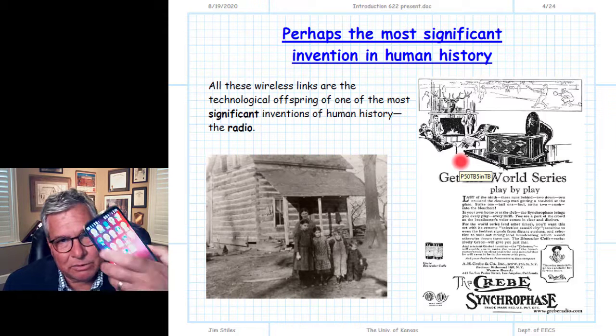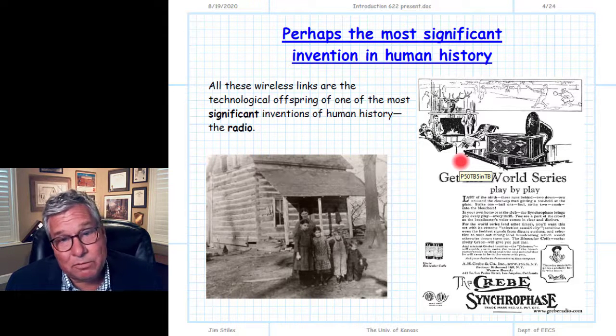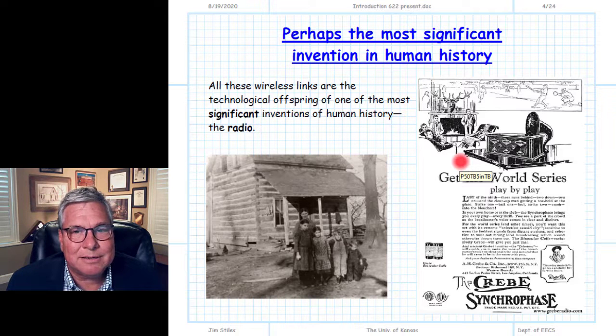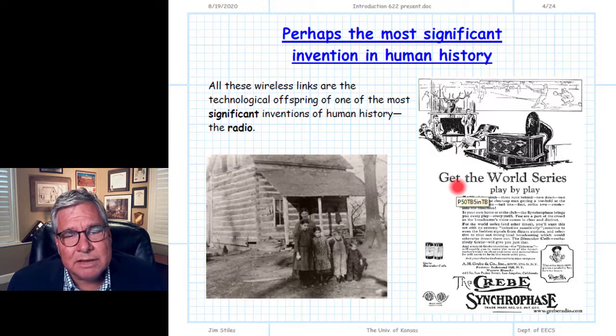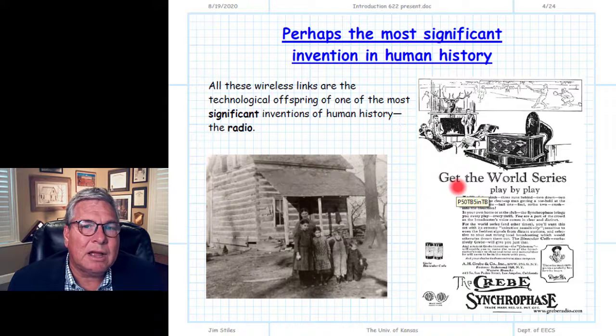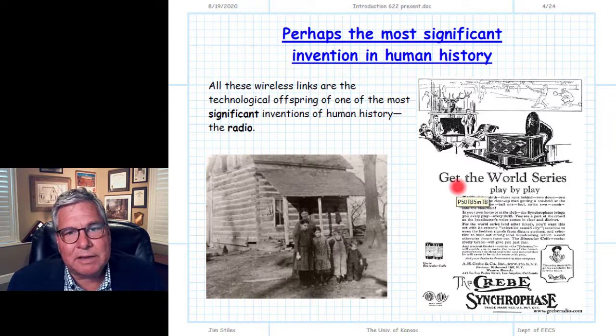This device here, of course, is far more developed. Though this is a radio, it's a very sophisticated one compared to the early radios in the early 20th century. And again, what I mean by significant is the impact to society before and after.